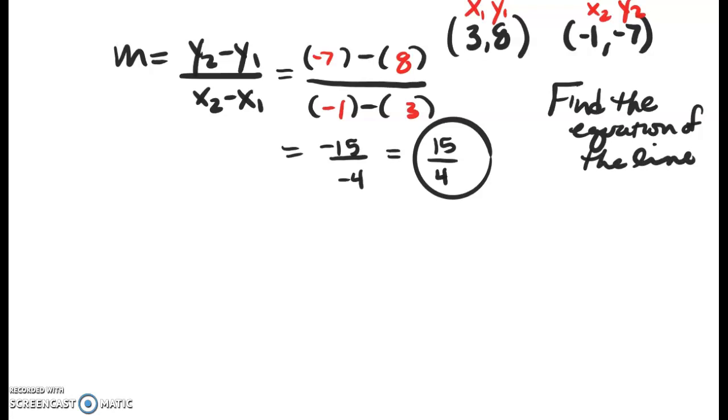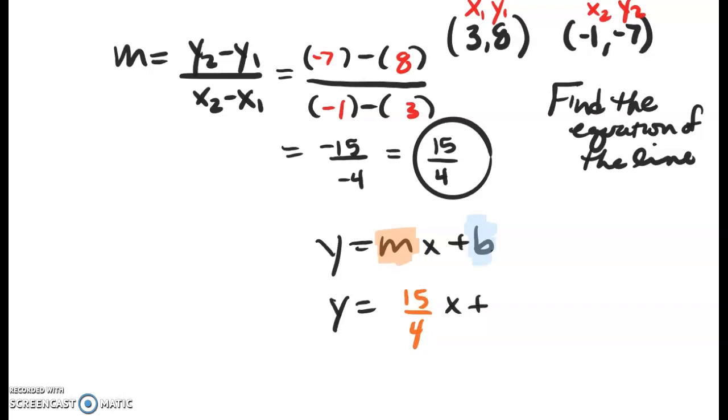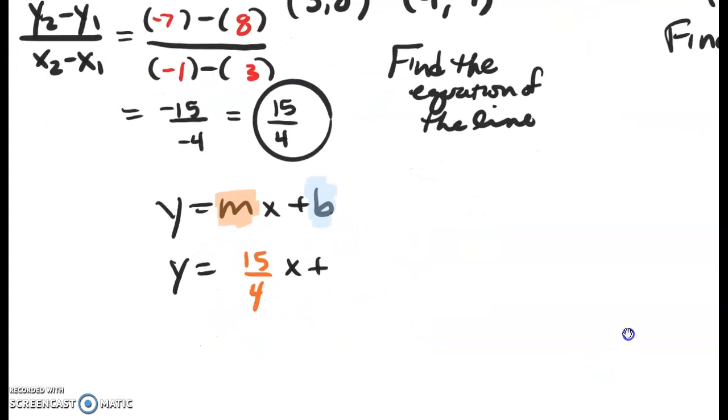So what you would have to do is you would write this down and then know that you fill in the slope and you fill in the y-intercept. So the slope here, we found it was 15 over 4. The y-intercept we don't know, but we can find it just like we did last time.